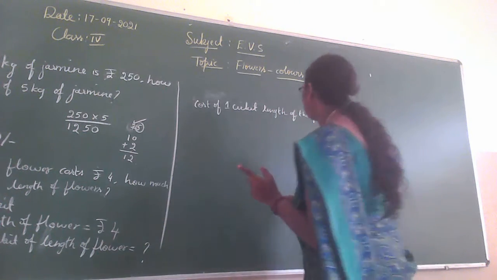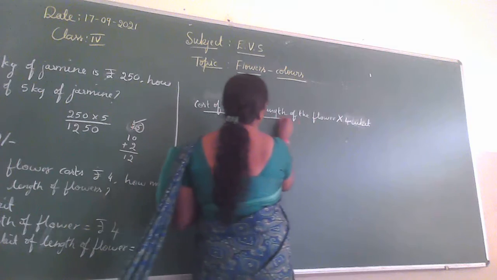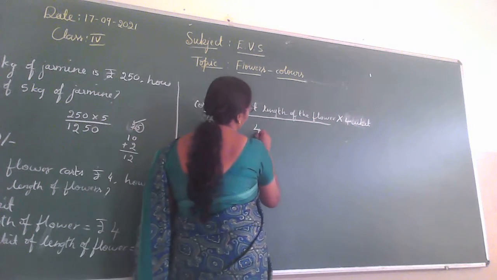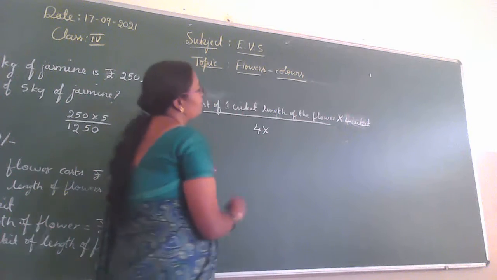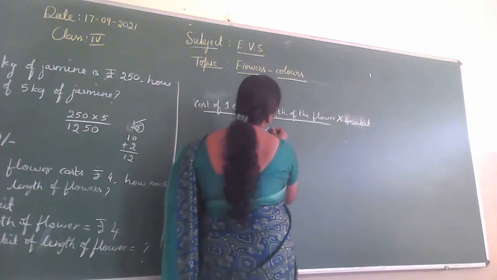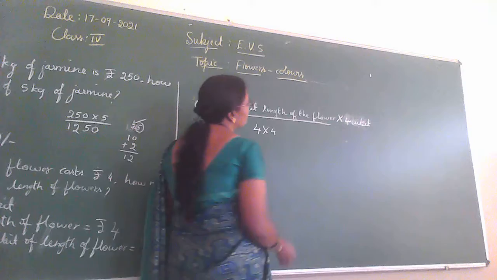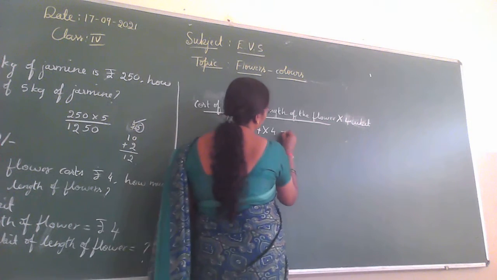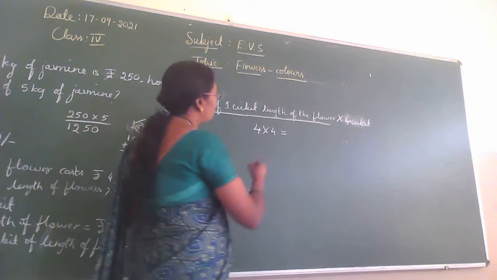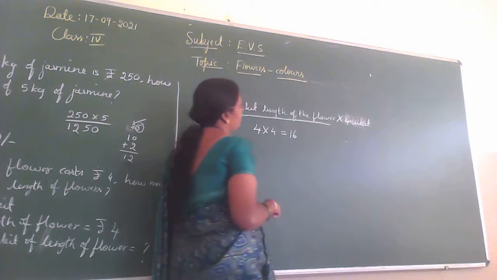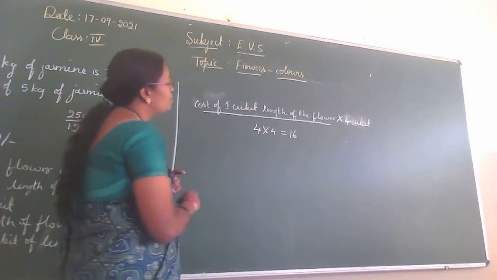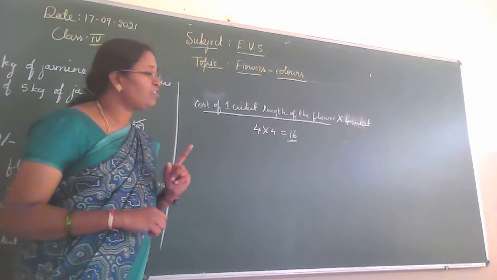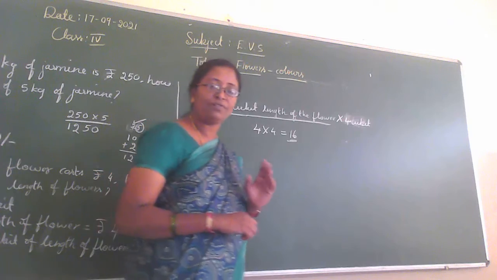Is it, children? So tell me the cost of 1 cubit length of the flower, that is 4. So then we can write 4 into 4, which means 1 yard or 4 cubit. Multiply this. We can get 16. Isn't it? So this is the cost of 1 yard length of the flower.